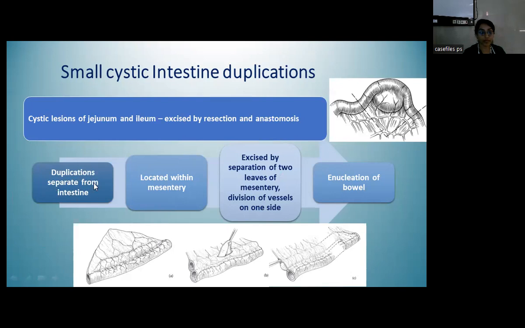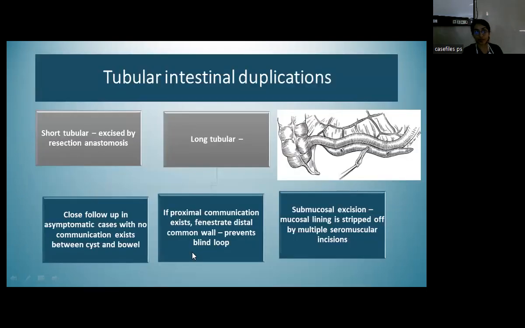But if duplications are separate from the intestine and located in the mesentery, then they can be excised by separation of the two leaves of the mesentery, division of the vessels on one side of the mesentery, and the duplicated bowel can be enucleated, and we can close the mesentery if the blood supply to the other bowel is preserved.